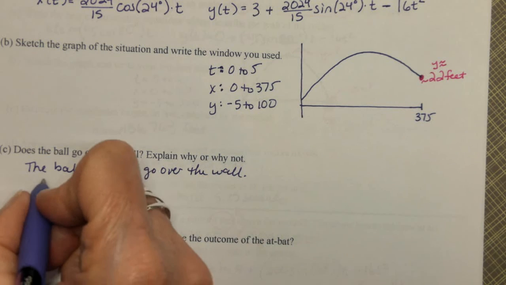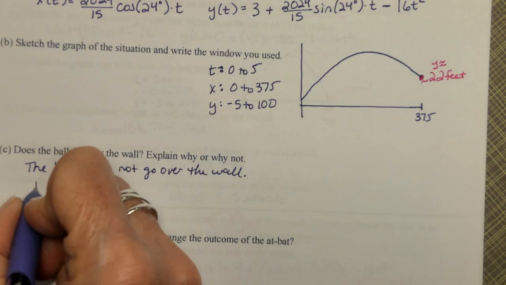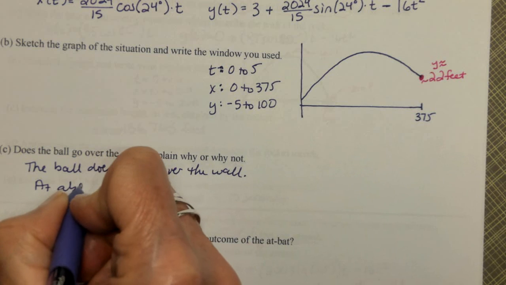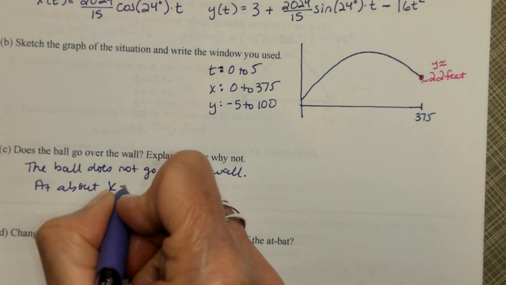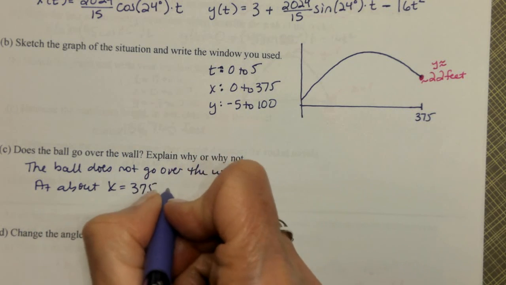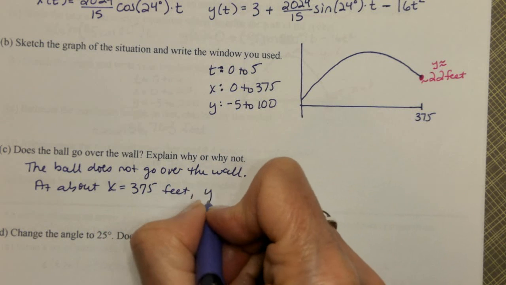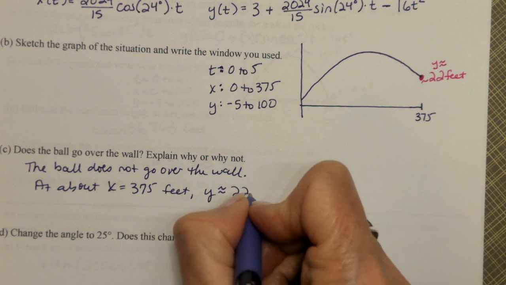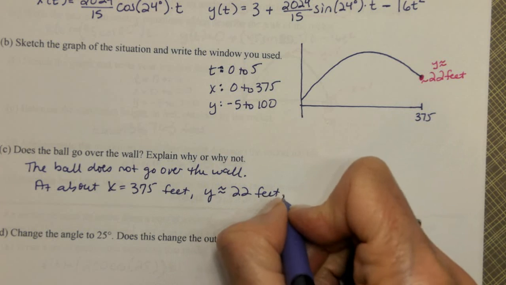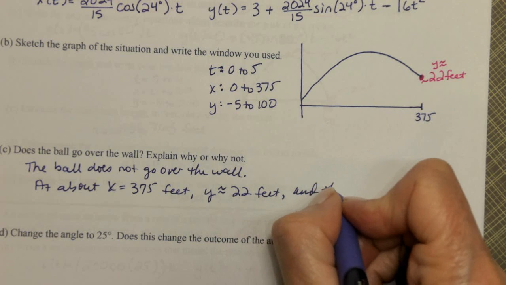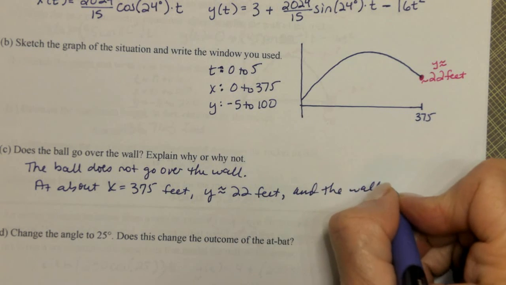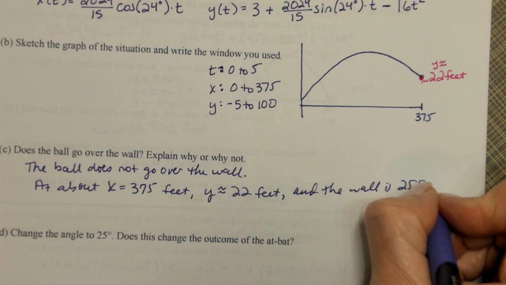Why? Because at about x equals 375 feet, y is approximately 22 feet, and the wall is 25 feet.